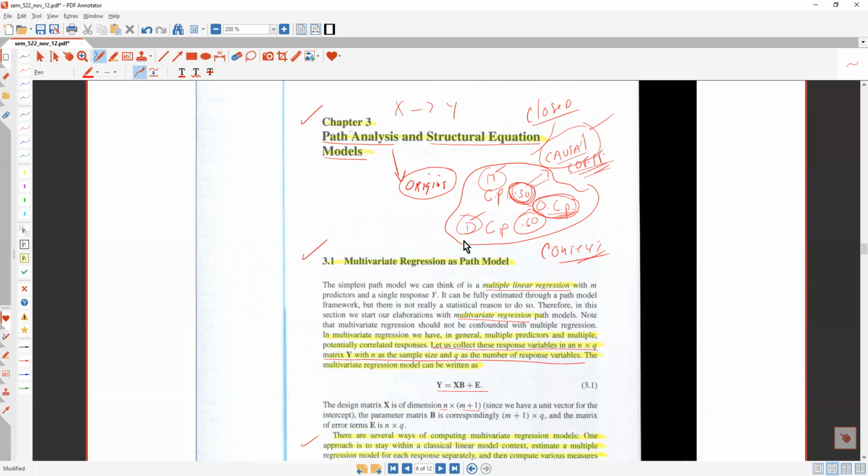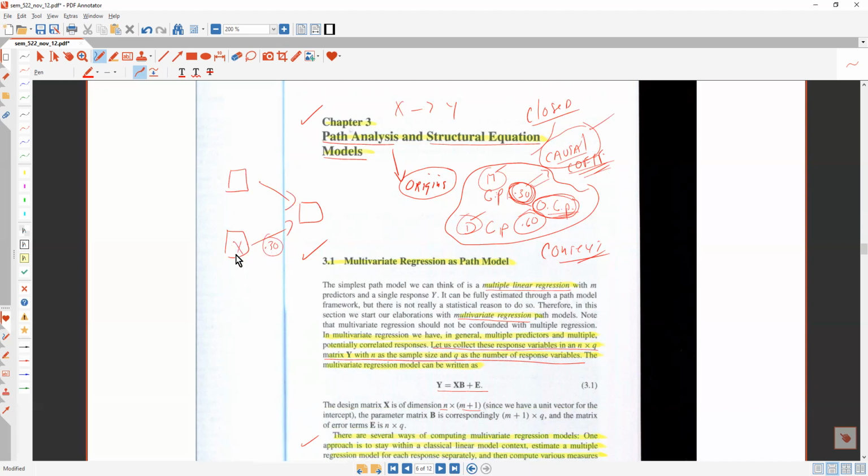Now, when we talk about the general method of path analysis, it gives us no right to call these causal coefficients. That needs to be clear from the start. If you take two variables here and make them predict this variable, nothing in any library will give you the methodological right to give this coefficient any name of causality.